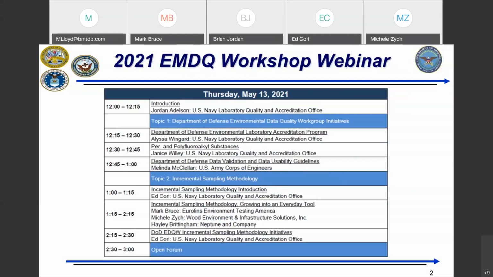So if the core is too big to be practical as an increment, there are other mass reduction techniques. Michelle had a picture of one of them called the core slice, where you essentially take a representative portion down the edge of the core. And that tends to be much more representative than what you can achieve by trying to mix and then subsample in the field.